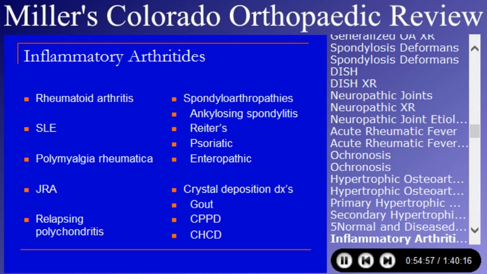But I get referred an old guy with polymyalgia rheumatica virtually every year. It's not a dime a dozen, but I don't have a general orthopedic practice, so somebody who is out in the world in a general orthopedic practice is going to see even more of that.